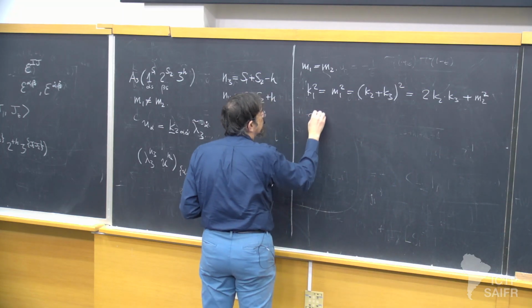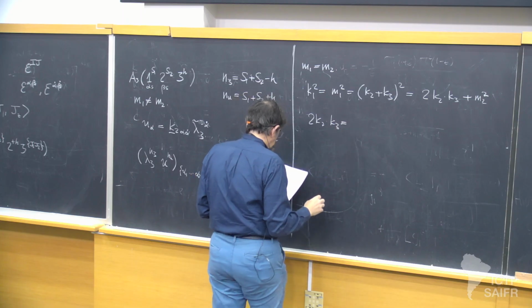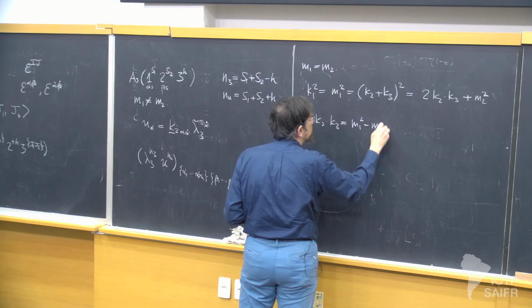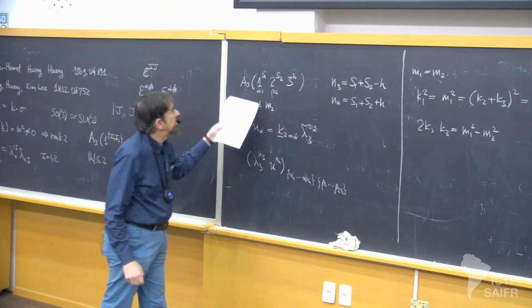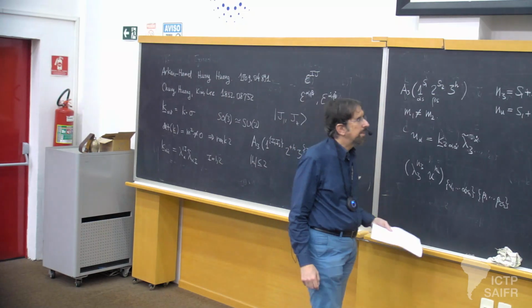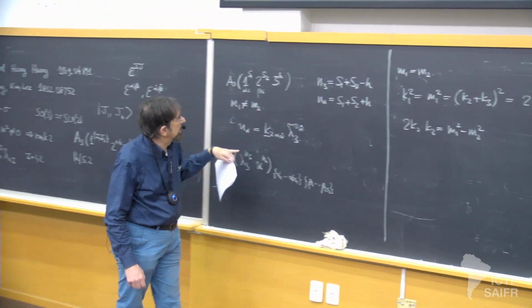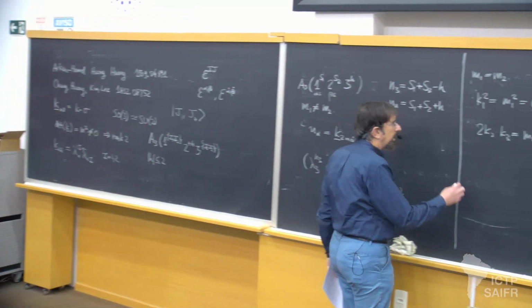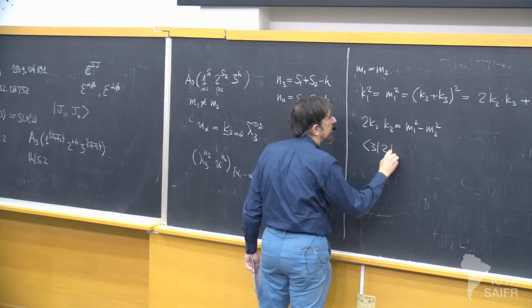So in other words, 2K2 dot K3 is going to be equal to M1 squared minus M2 squared. So over here, that's some non-zero thing. But here, it's going to be 0. And that means that, in fact, we now have the following equation.